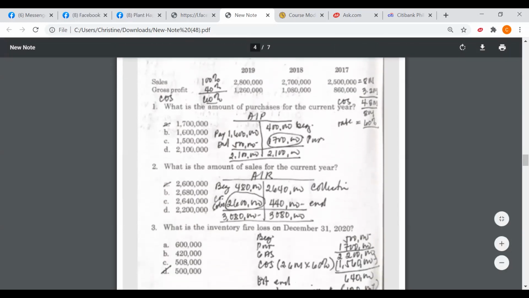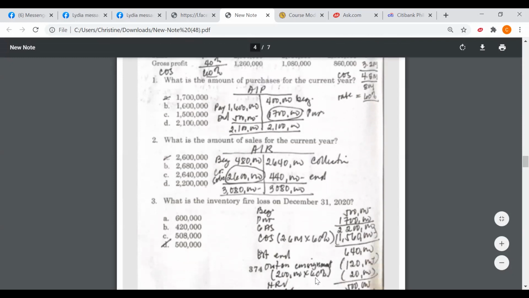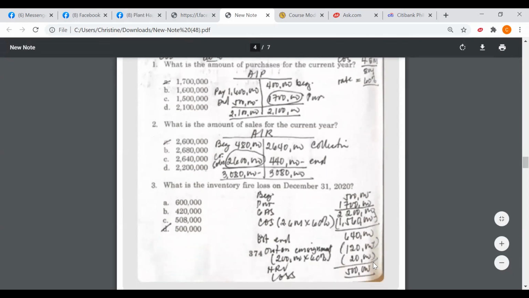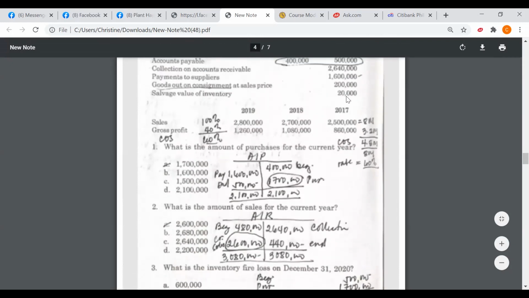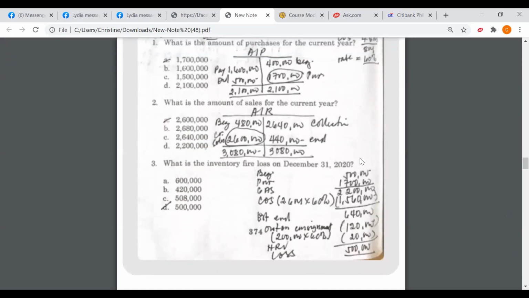So that's 200 multiplied by 60% is only 120. Then the NRV of the 20,000 is given here. So this should be deducted to arrive at total loss. So from 640 minus 140, that makes your loss of 500,000.